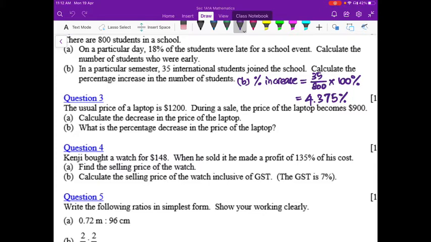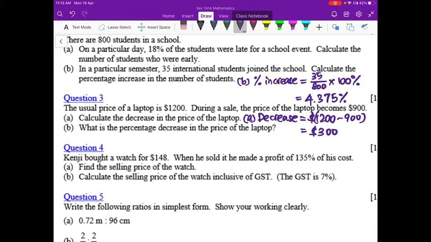So there was a discount, $300. Calculate the decrease. Part A. Decrease equals 1,200 minus 900. You get 300. That is the decrease. Decrease means go down, become smaller.